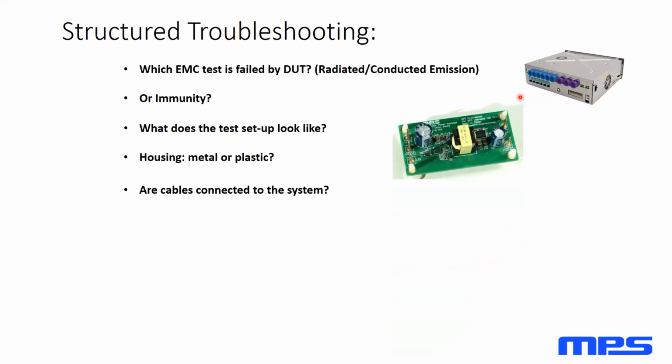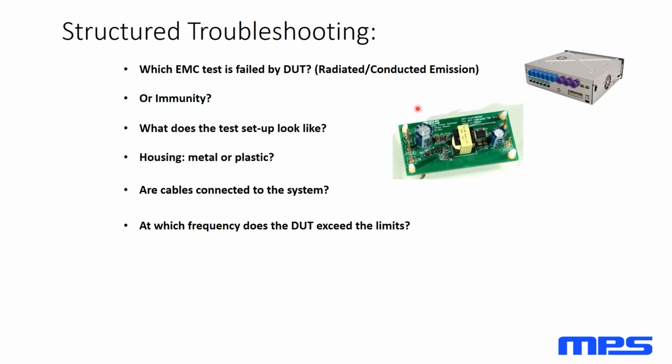Mentioned cables connected to the system. We got a picture here of an EVB where we would have power coming in and an enable signal. We're also sending power out. This could be representative of your system, and we need to consider both the input side and output side if that is the function of the module.